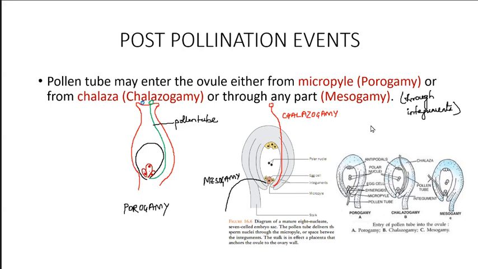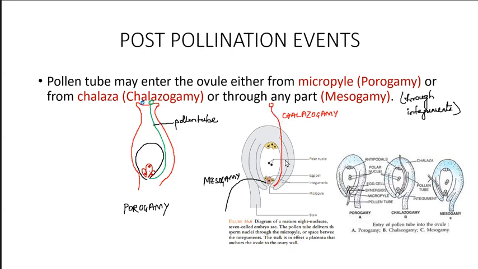Look here, just to give the idea that they enter through the micropylar end. When they enter through the micropylar end, it is known as porogamy. When they enter through the chalazal end, through breaking the tissues of the integument, they enter from the chalaza.